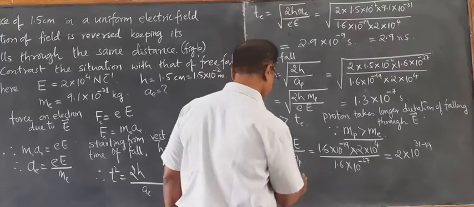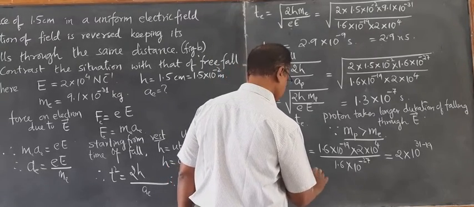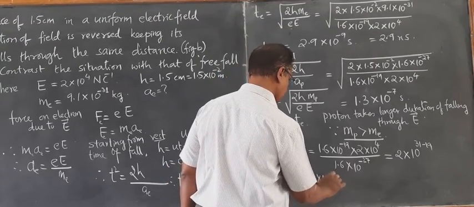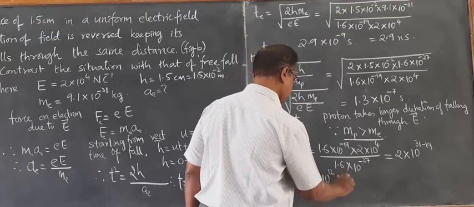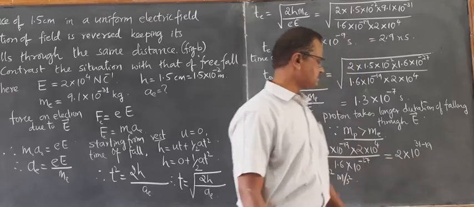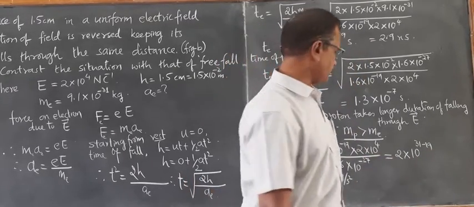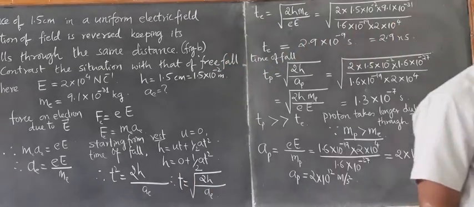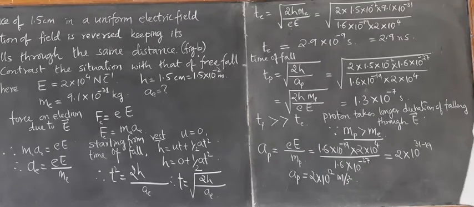So the acceleration of proton is 2 into 10 to the power of 12 meter per second square.